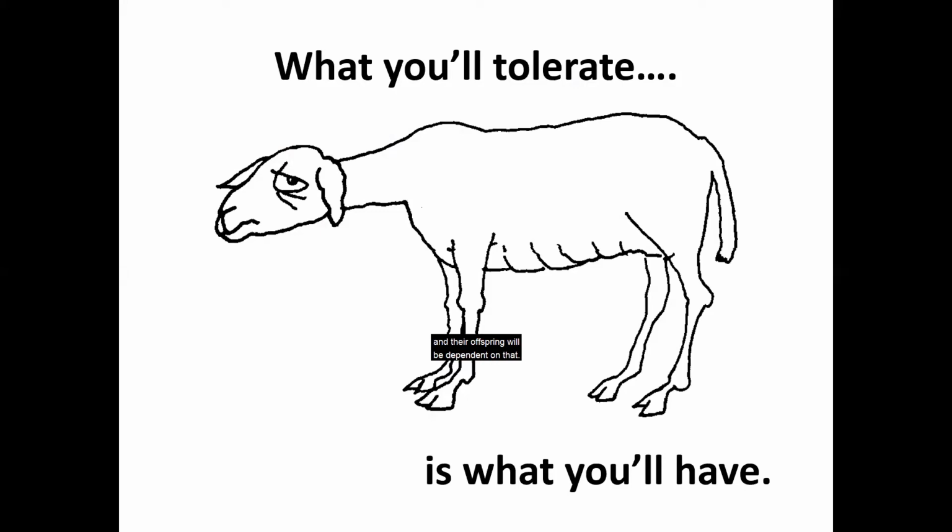If you make your sheep dependent on a certain level of care, or if you allow sheep that require high levels of care, you will make them dependent on that, and their offspring will be dependent on that. So at the end of the day, there's a question of self-respect here. Do the sheep work for you, or do you work for the sheep? How does that fit into your goals? But end of the day, remember that half of every flock is below average, and I would submit that most shepherds just don't eat enough lamb.